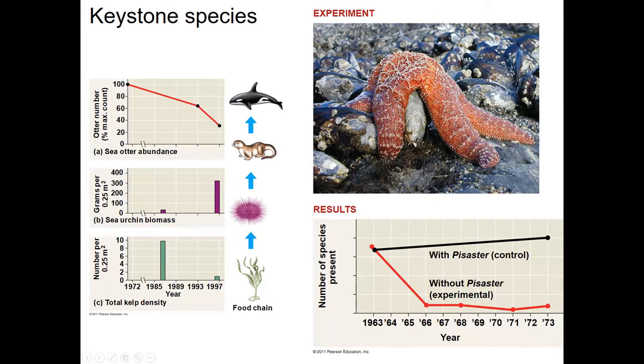These mussels, if left unchecked, will completely crowd the beach and, again, just tank the number of species that are able to live there, because mussels are excellent competitors for space, and they'll basically crowd out any other species that tries to live there. But if Pisaster is present, it really likes to eat these mussels, and it will keep their numbers in check, allowing a much greater number of species to live there, and thus increasing the species richness due to the presence of this keystone species.